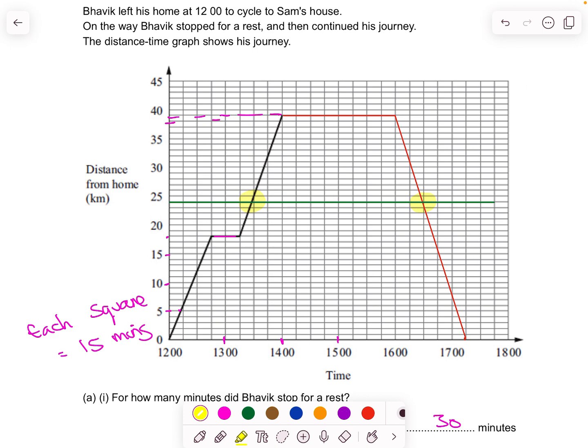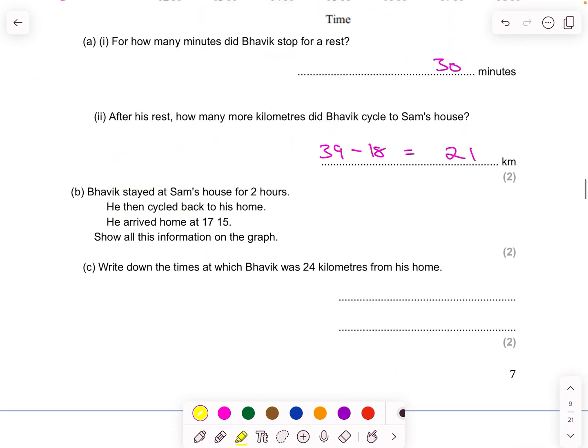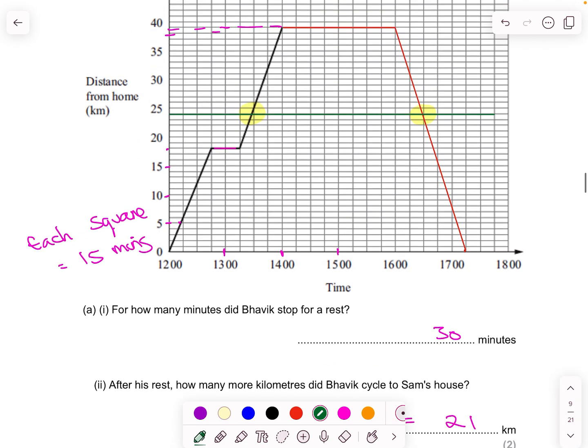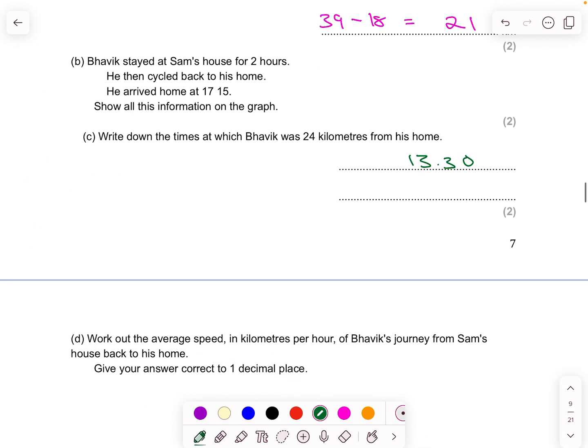On this one, it's at 1:30, and then on the next one it is at 4:30. Because of the graph, they did accept any time from 1:25 to 1:30, and from 4:25 to 4:30. I think some of you did put 1:25 and 4:25. That's absolutely fine.